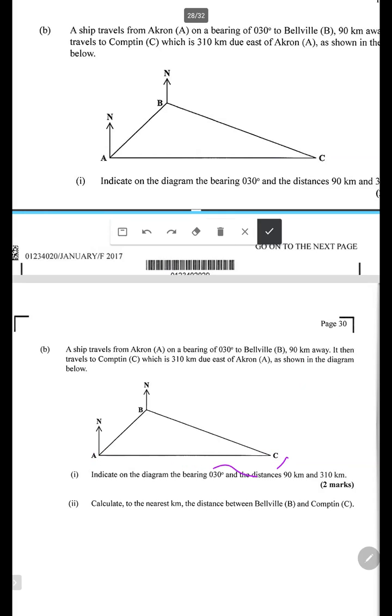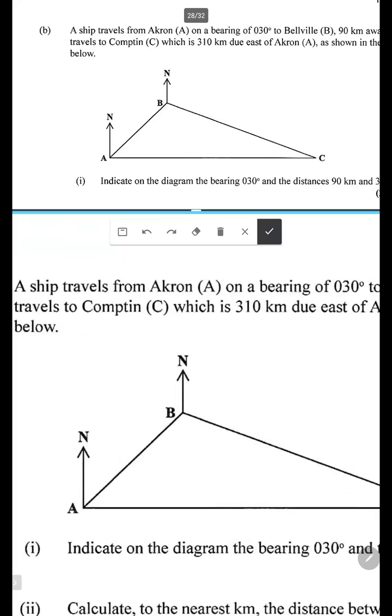So as we read the information, that is 310 kilometers due east of A, from A, as shown in the diagram below. It says, indicate on the diagram the 030 degrees and the distance of 90 and 310. All right, so the 030 degrees is going to be right here. This angle that is turned to the right, as I said, is the angle to which you have to turn to the right at the from position to face up there.